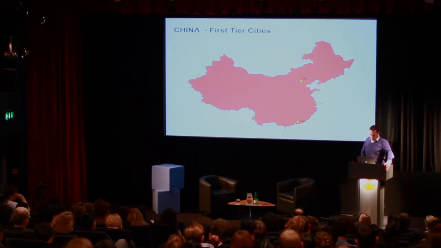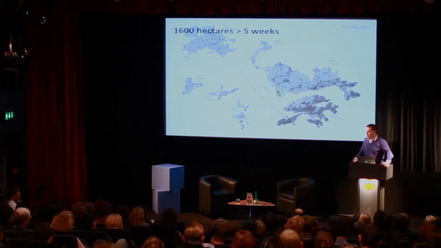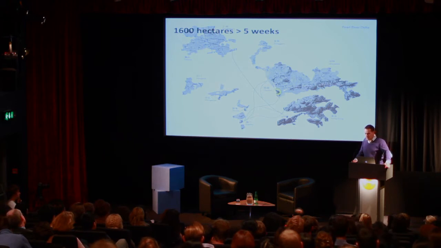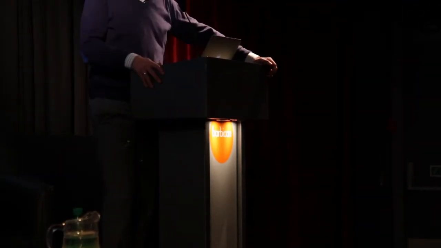And OMA participated in that development with a plan that we made for Shenzhen, called the Qinghai development. We were asked to plan 1,600 hectares. And if we talk about speed, that plan had to be delivered in 5 weeks and then go into schematic and implementation phase in another 3.5 months, which is, of course, unbelievable.